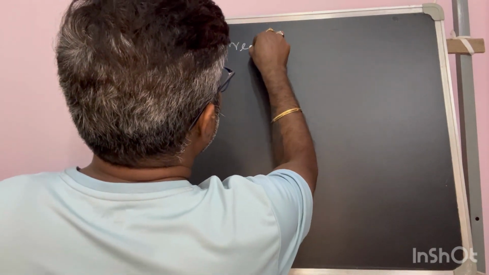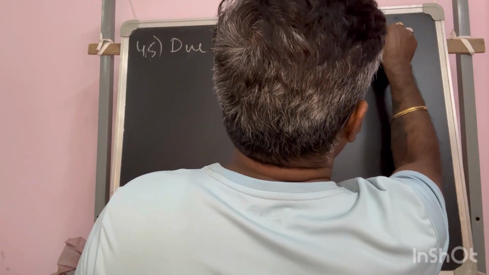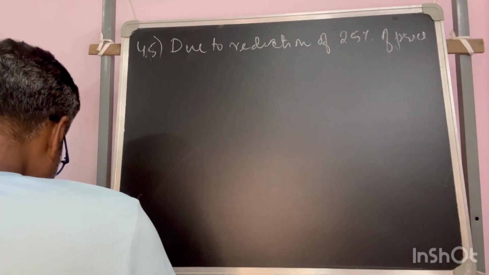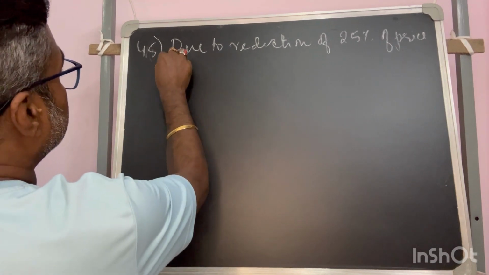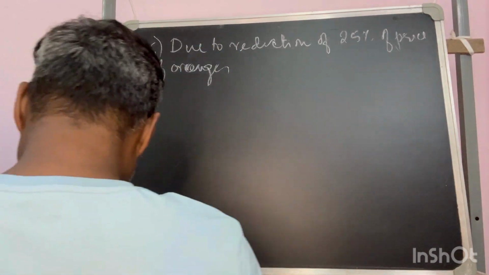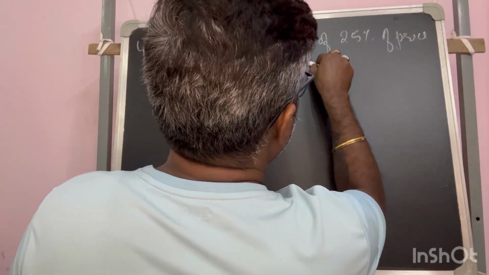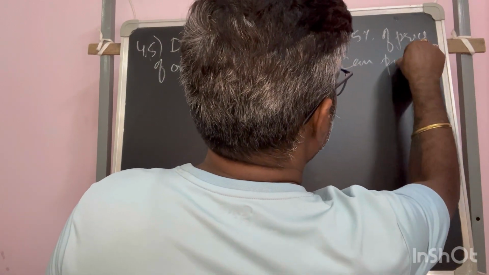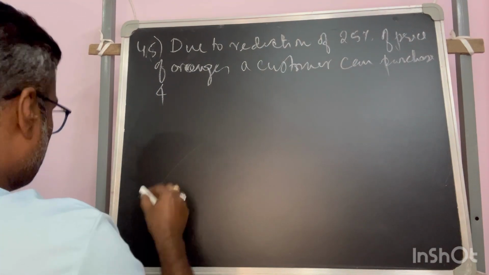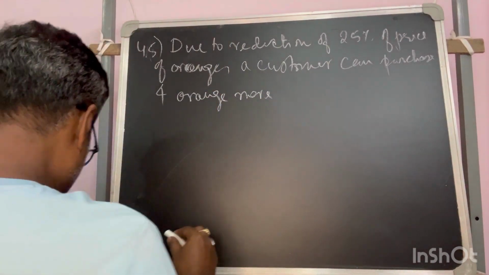Due to reduction of 25% of price of oranges, a customer can purchase 4 oranges more for rupees 16.